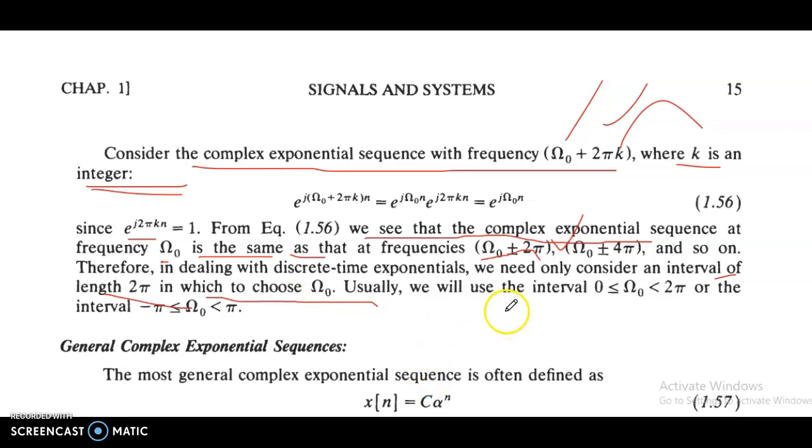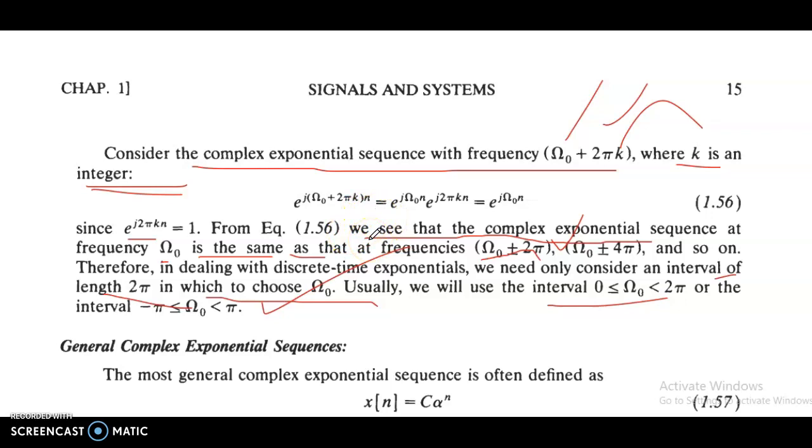Usually we will use the interval 0 less than or equal to omega naught less than 2 pi, or the interval minus pi less than or equal to omega naught less than pi.